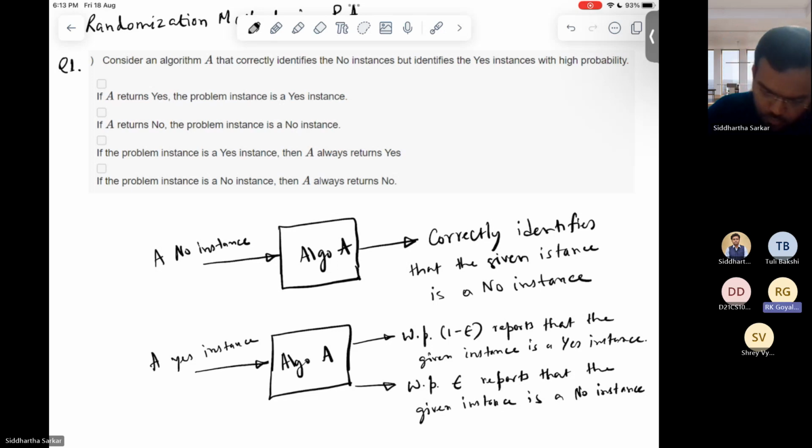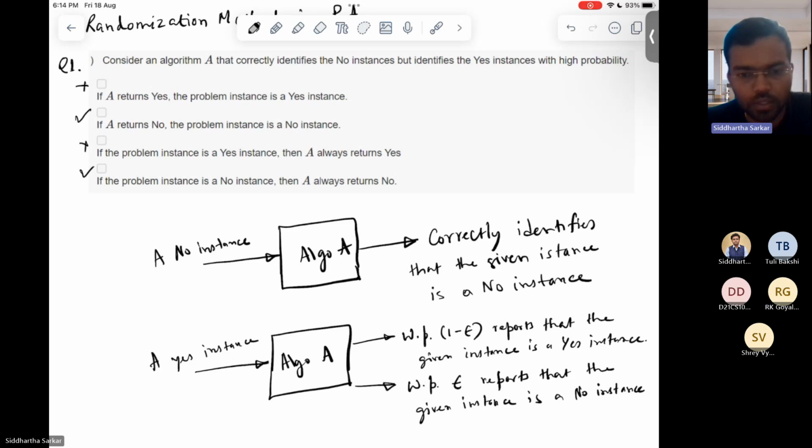B and D are true. Yeah. So these two are true, fine, and these two are false. So this one person has voted for B and D. So are there any more thoughts?